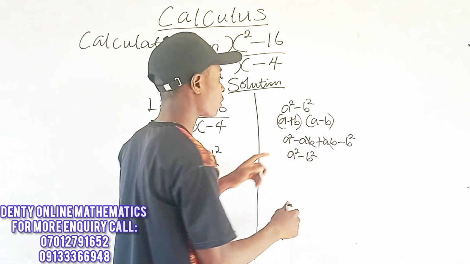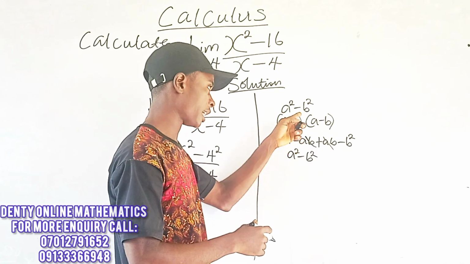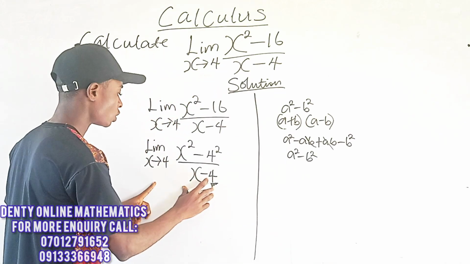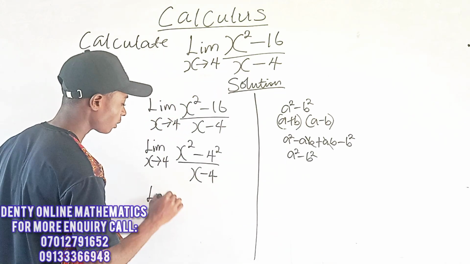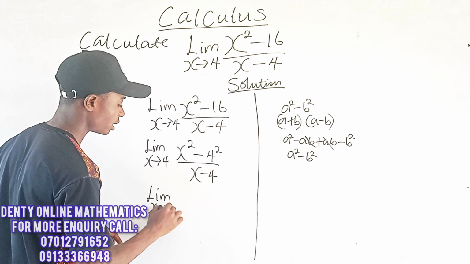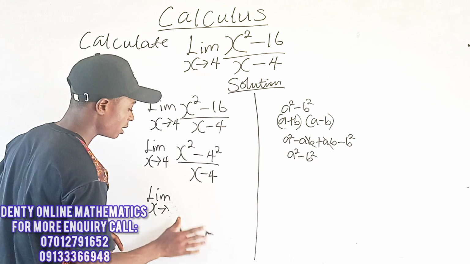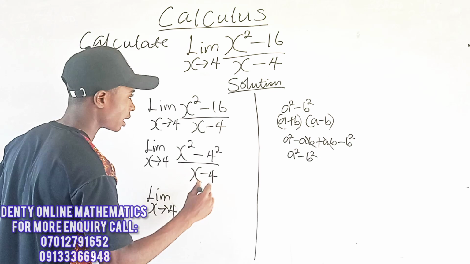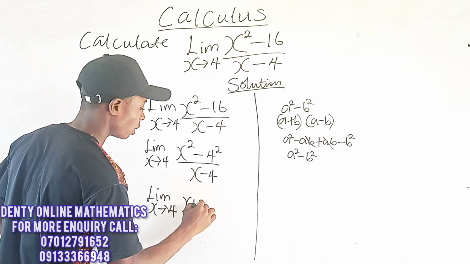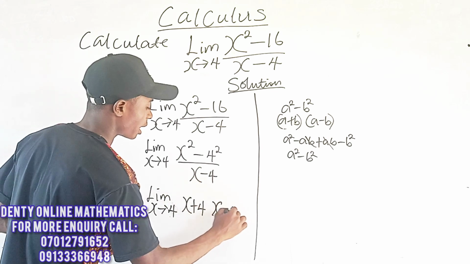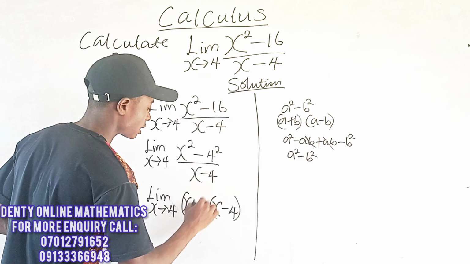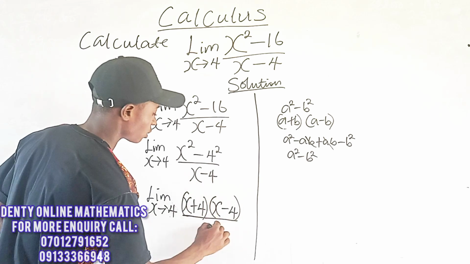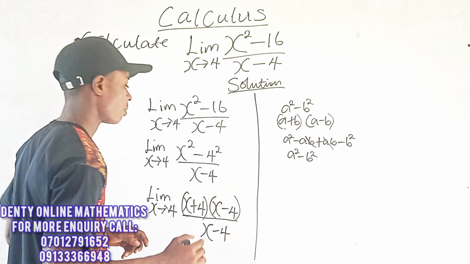Now, we are going to apply this here. So we have the limit as x tends to 4, but in place of x squared minus 16, we replace it with x plus 4 times x minus 4, divided by x minus 4.